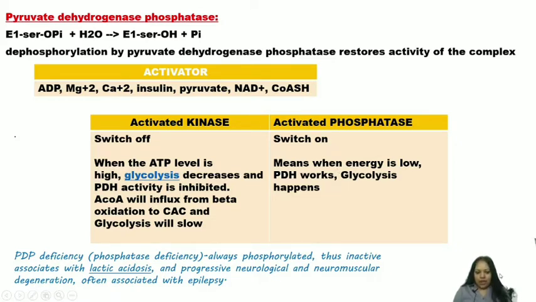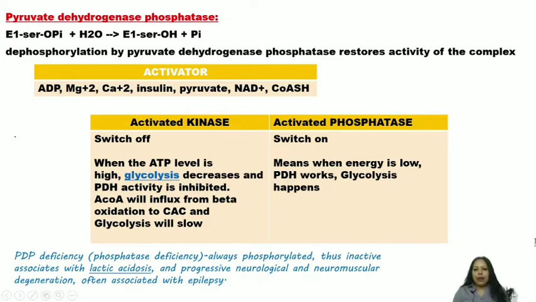One more important point which is written at the bottom of the slide is the Pdp deficiency, Pdp meaning pyruvate dehydrogenase phosphatase. It is found that when the phosphatase enzyme is deficient, we have lactic acidosis, meaning we have increased production of lactic acid. Why so?